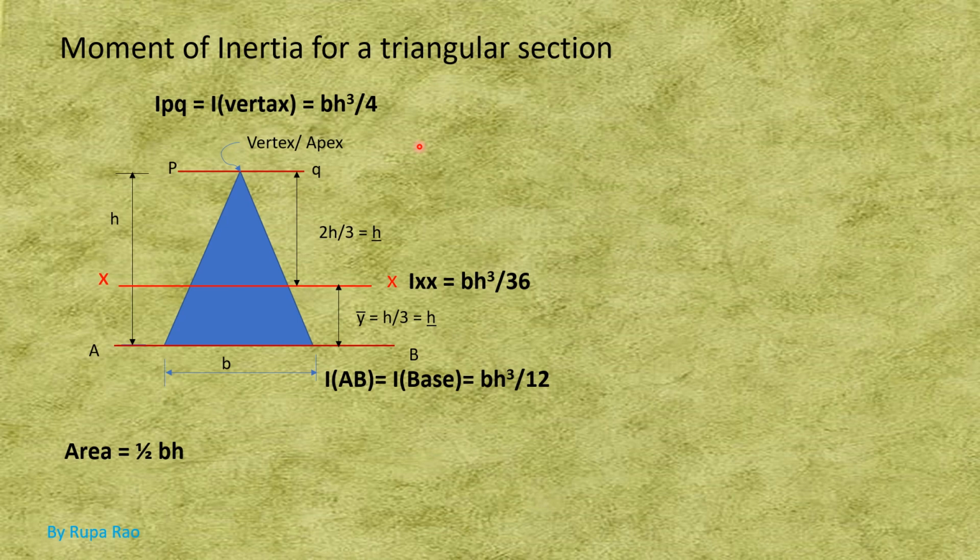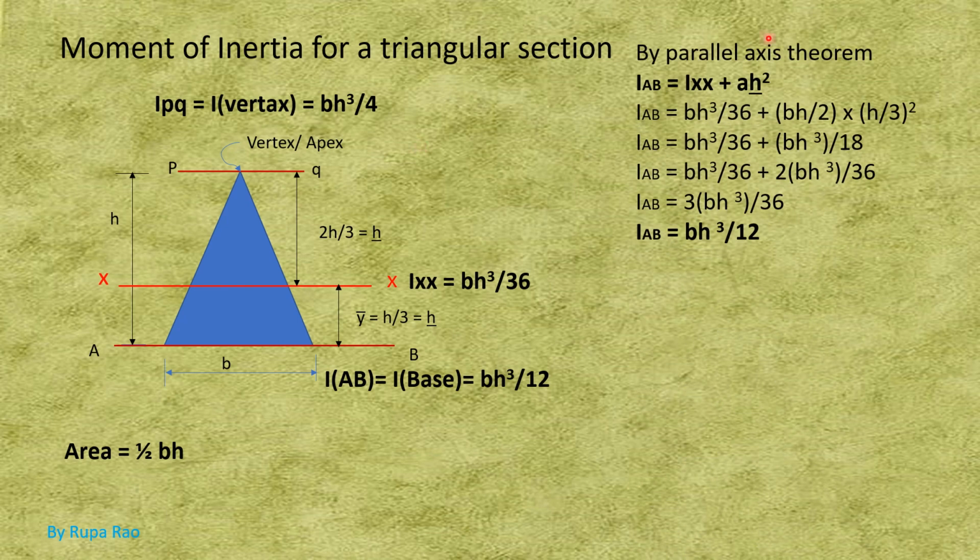How do we get it? By the parallel axis theorem, I_AB will be equal to Ixx plus A h square. Now what is Ixx? Ixx is bh cube by 36, where b is this base and h is the height of this triangle.